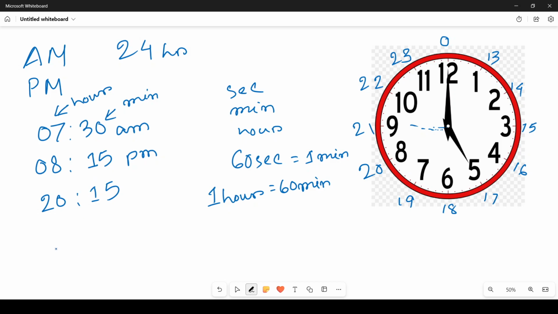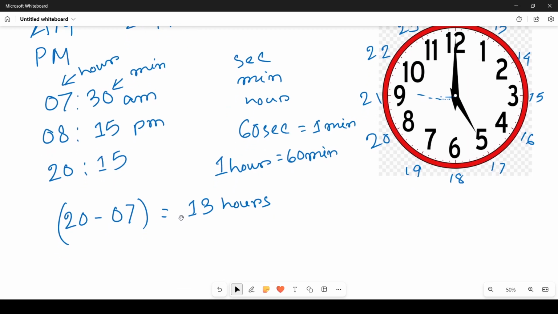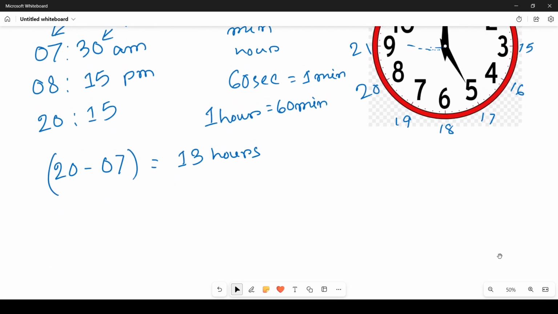So let's subtract 7 from 20 to get the hour value. What do we get? We get 13 hours, right? And then when we try to subtract the minute values, look, in the latest time, this minute is smaller than this minute. Here we have 15 minutes and here we have 30 minutes.